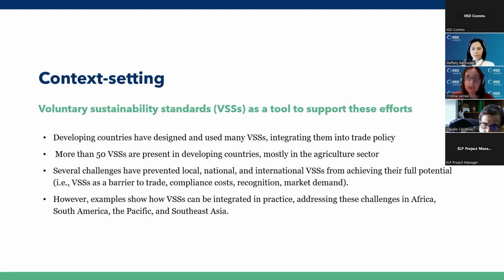Today, we are going to learn and engage in conversation with representatives of 4 experiences that have integrated public or private voluntary sustainability standards into trade policy in practice, helping them to address these issues of concern, but more importantly, helping them to advance sustainable agricultural practices and increase market access for small-scale farmers and SMEs.